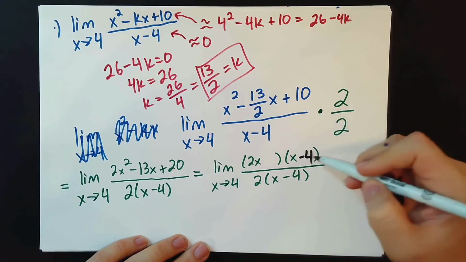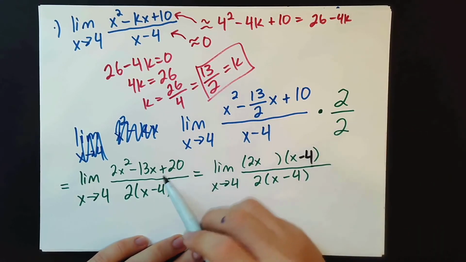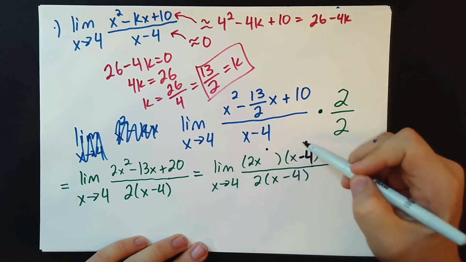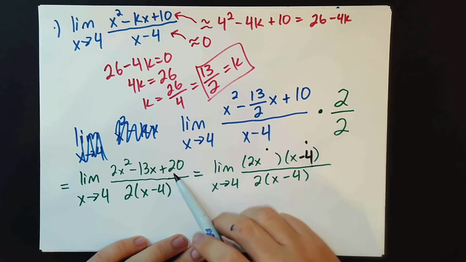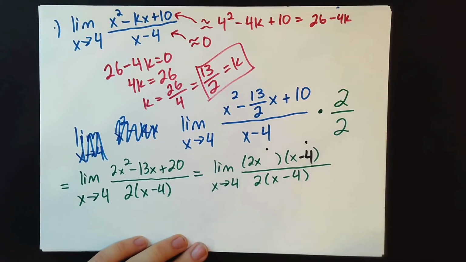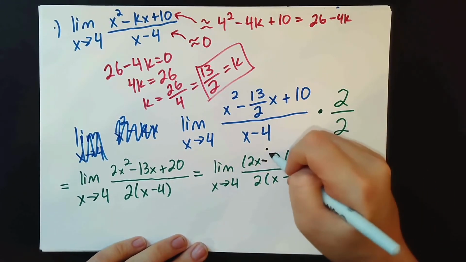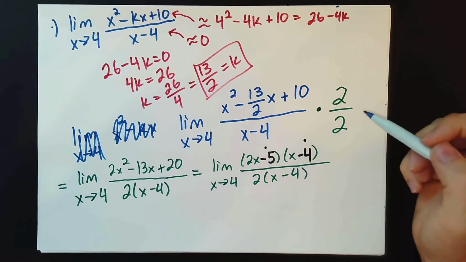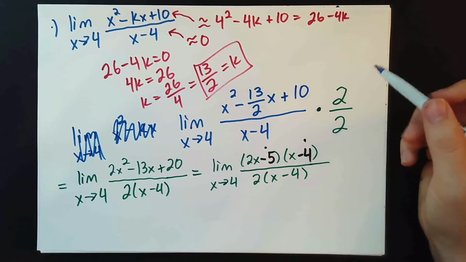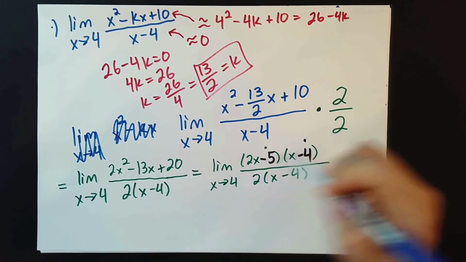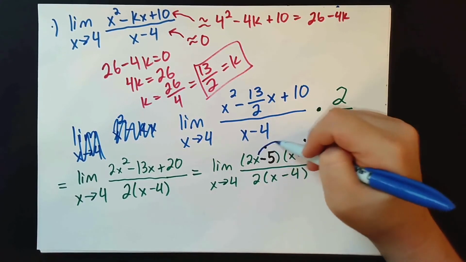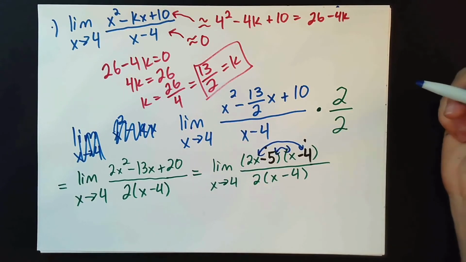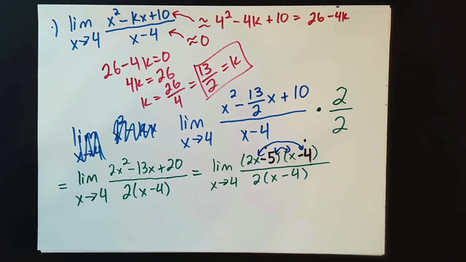Okay, and if this factor is x minus 4, what does the other factor have to be? Well, remember, this number and this number, they have to multiply together to be plus 20. So if one of them is minus 4, the other one has to be minus 5. And you can check that that actually worked, in case you didn't believe that my shortcut would work, because if I actually multiply this out, I get a minus 8x coming from these two, minus 5x coming from those two, and minus 8 minus 5 is minus 13, so it works out.